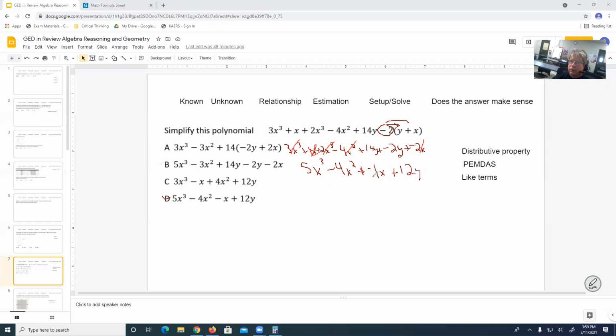Now that looks a little bit different, but notice that I can drop the addition symbol, but that negative has to turn back into a subtraction sign if I do that. I can reverse that process. And the 1 doesn't have to be there. 1 is understood to be there, so I can just drop the addition. The minus sign turns back into a subtraction sign. That just turns back into an x. So those are equivalent.